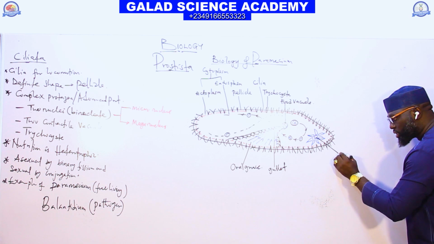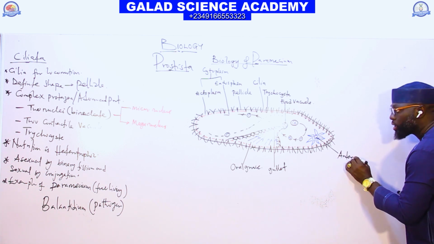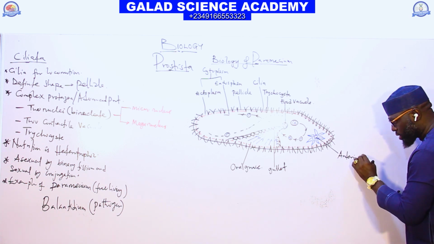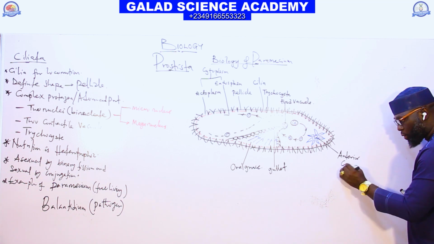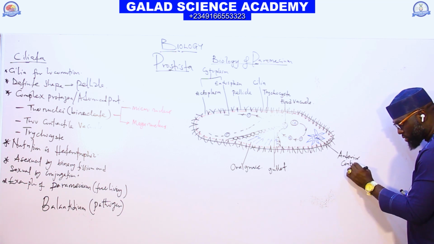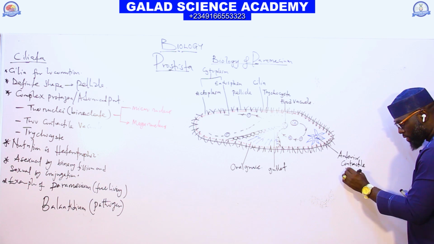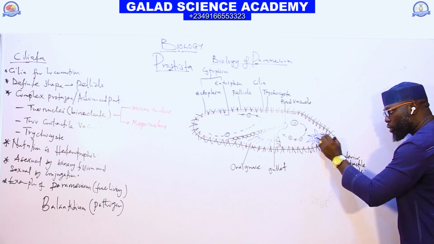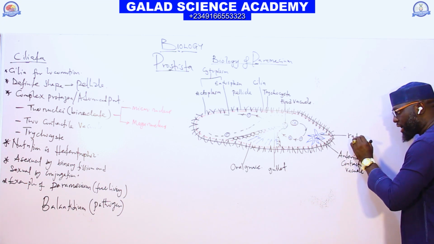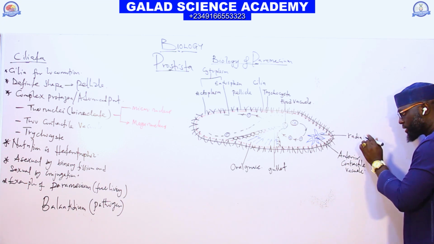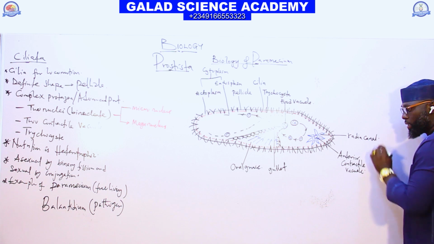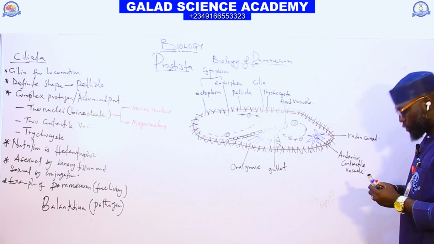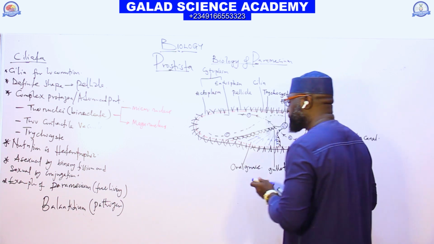This one we call the anterior contractile vacuole. And this one we call the radial canal. The contractile vacuole is used for osmoregulation.